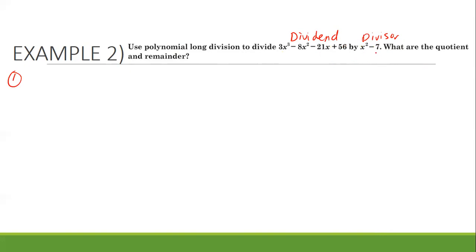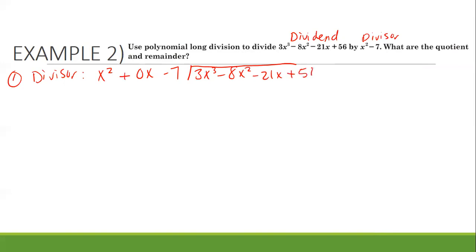And if there are any missing terms, use 0 as a placeholder. Well, again, our divisor is missing a term. So we have x squared plus 0x minus 7 is what our divisor will be. So we're going to divide this into 3x cubed minus 8x squared minus 21x plus 56.